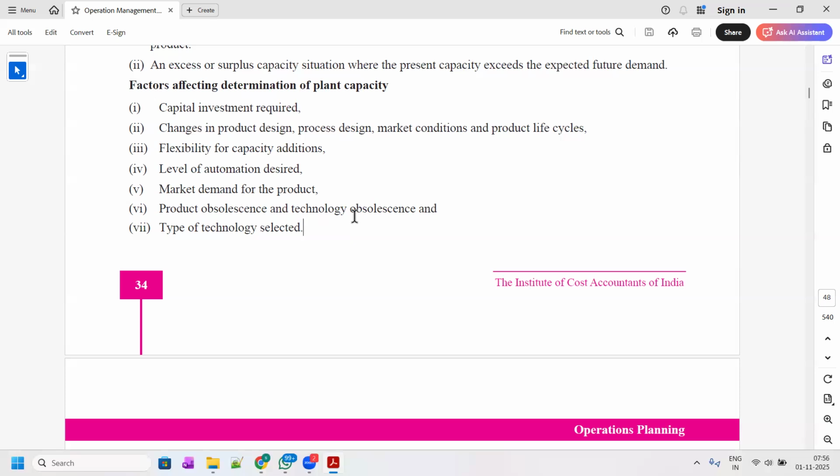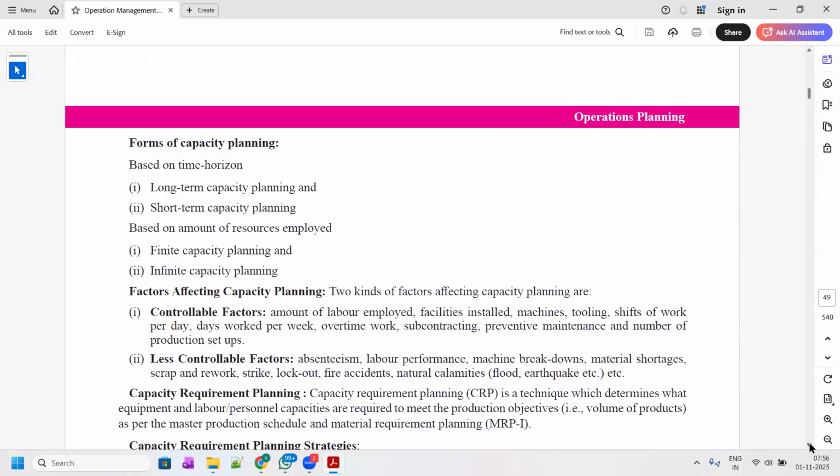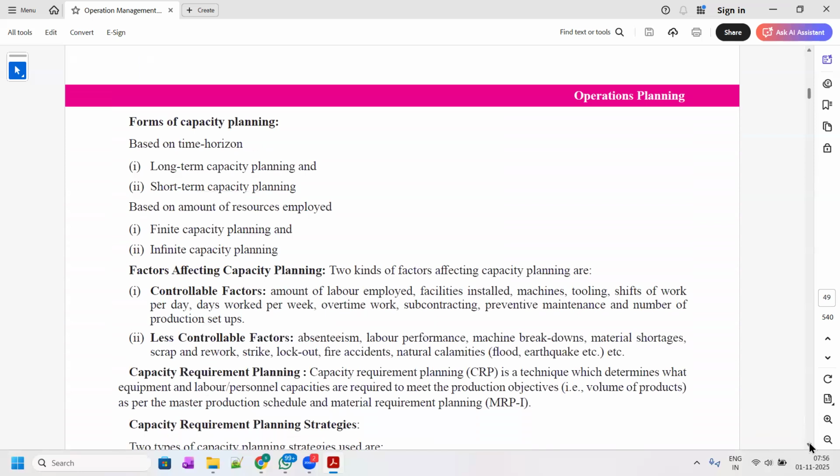And in order to do all this, you need technology, and that technology can also become outdated or obsolete. So you need to always think about bringing more changes into production, and the technology you're using is also very important.